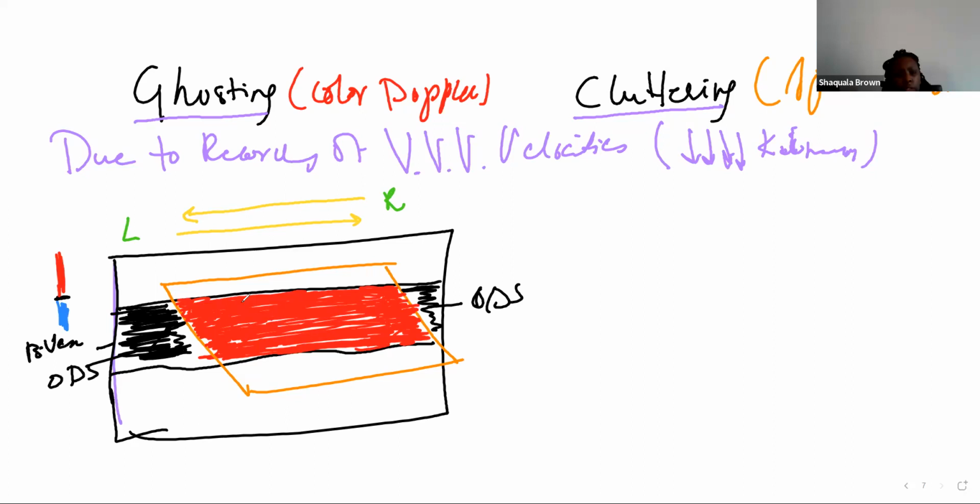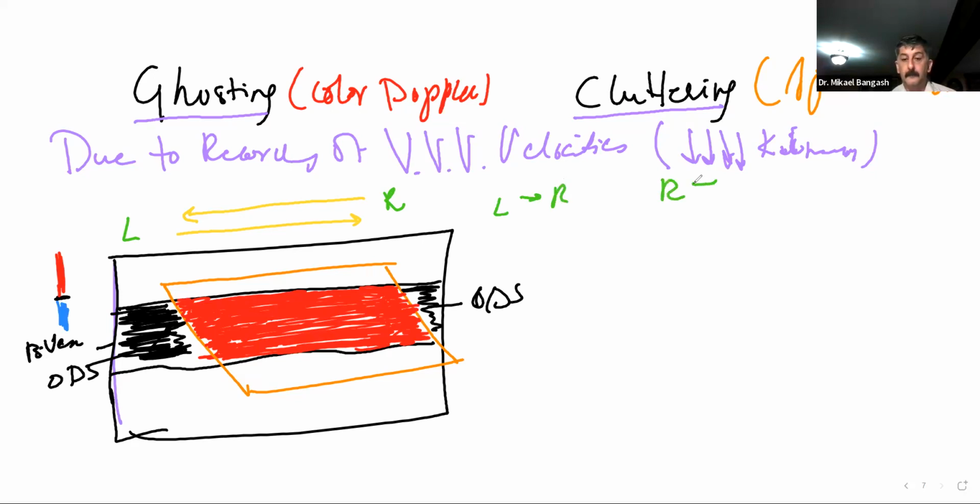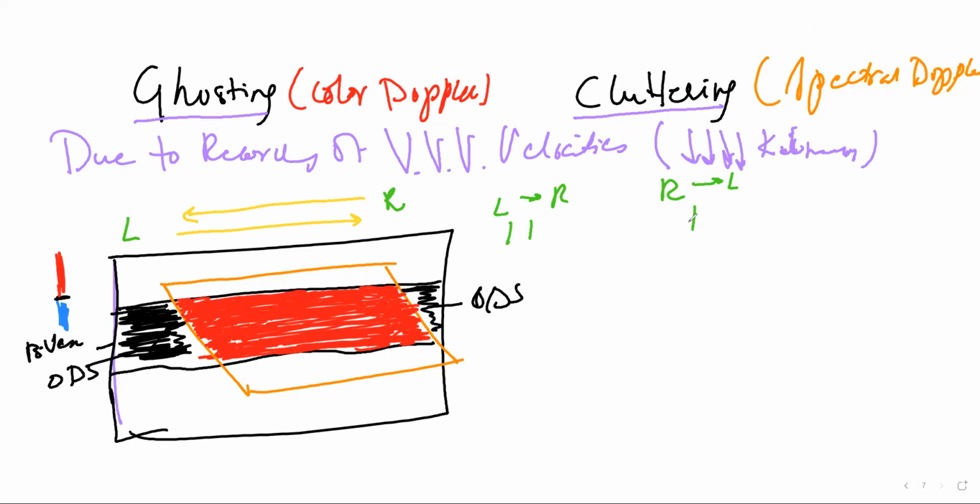My guess is left to right. So right now, left to right has 2 votes, right to left only has 1 vote. I'm going to say left to right as well.